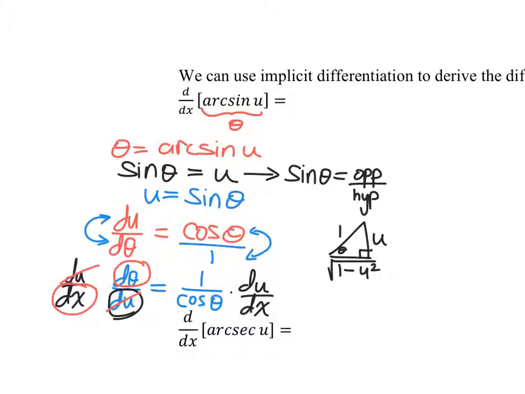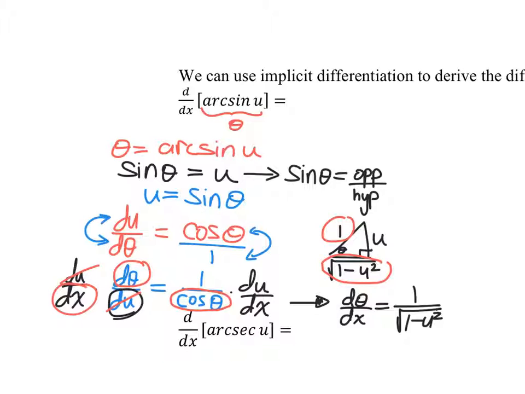Okay, so cosine function, that part there is adjacent divided by hypotenuse. I have my adjacent, I have my hypotenuse. So that leads me to d theta dx is equal to 1 over the square root of 1 minus u squared times du dx.